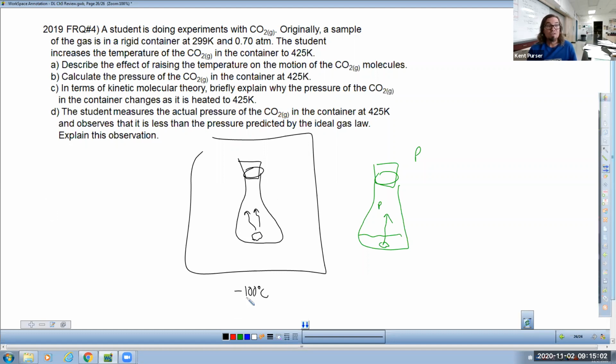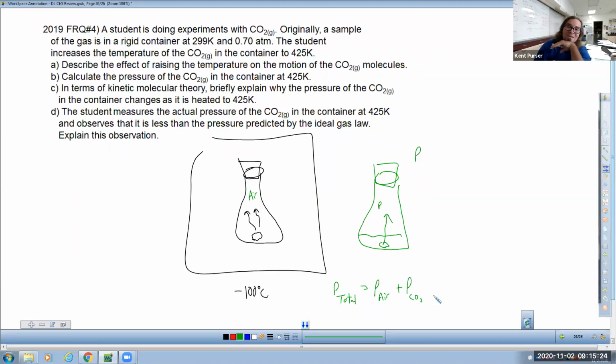But before we even start this, I do want to have air in there at atmospheric pressure, because I want you to be able to tell me that the total pressure inside the flask, once you remove it from the cold box, equals the pressure of the air, which will be the same as it was initially, plus also now the pressure of the CO2.